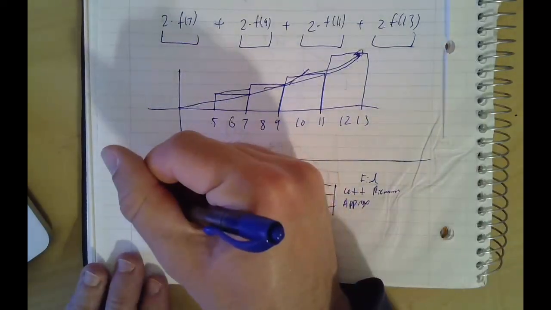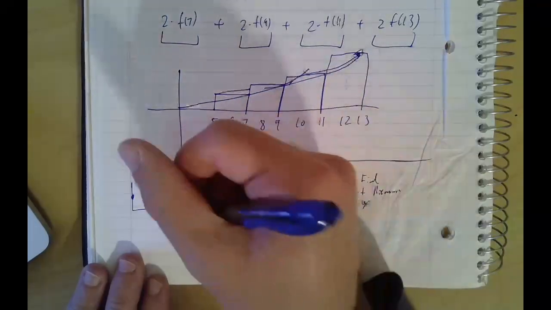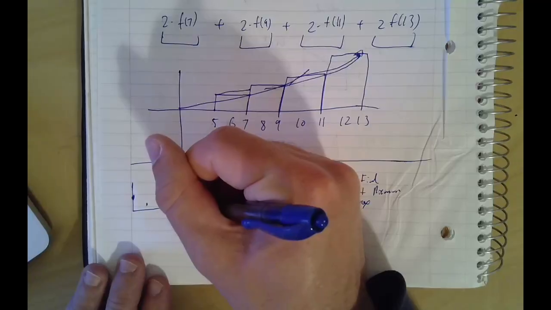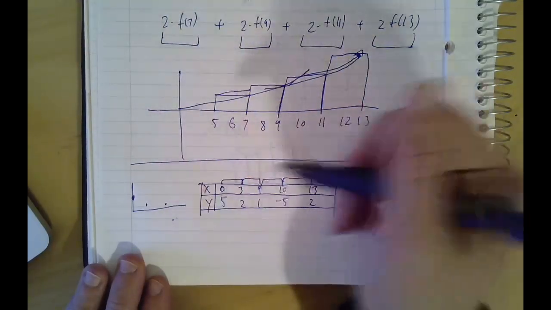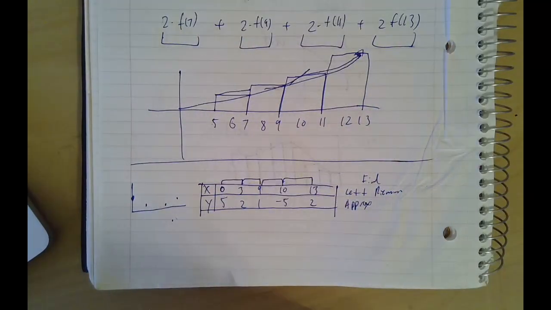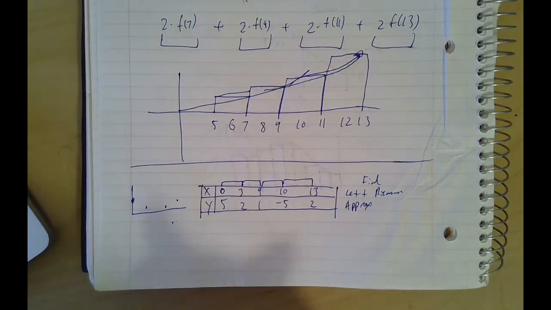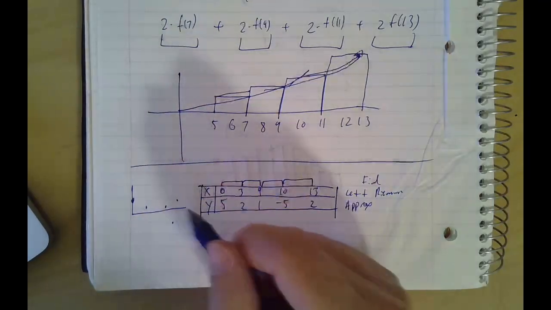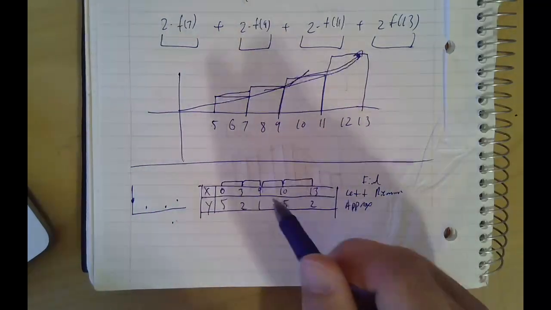So for example, we have 0, 5, 3, 2, 9, 1, 10, -5, and then 13, 2. It doesn't matter too much where they go. These points aren't necessarily to scale, it's just to show us a visual of what's going on here.